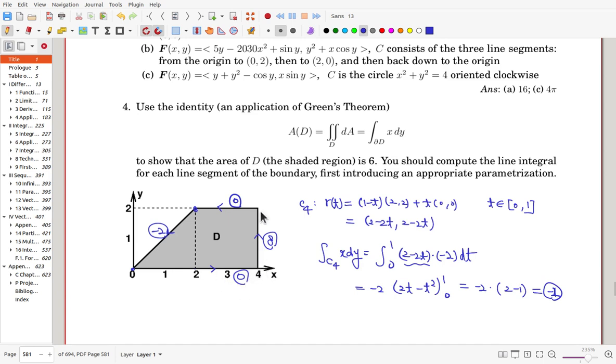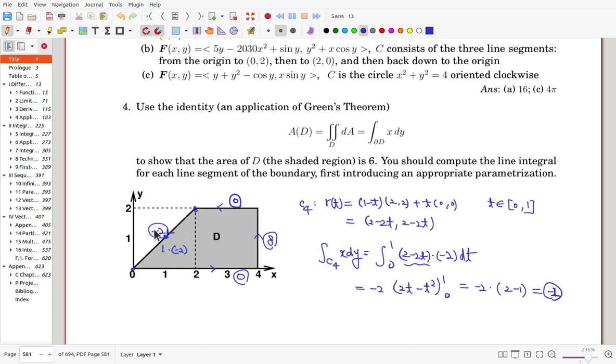Midpoint of x from here to there is 4, and change in y is 2, so that gives 8. Midpoint of x is 3, change in y is 0, so that's 0. Midpoint of x is 1, times change in y, which is minus 2, from 2 to 0, so we have minus 2.